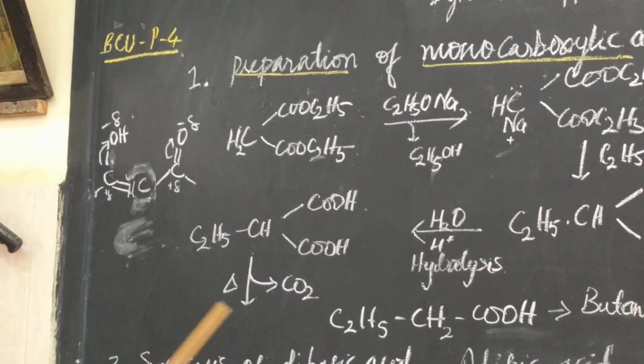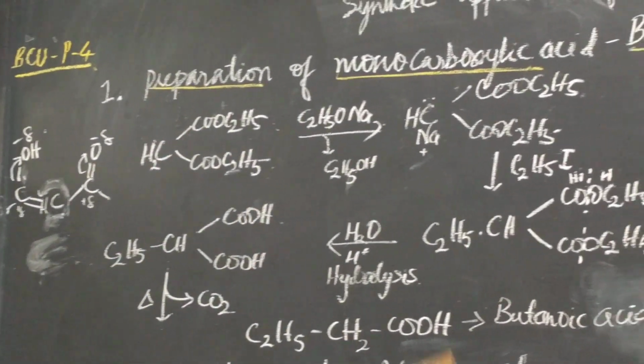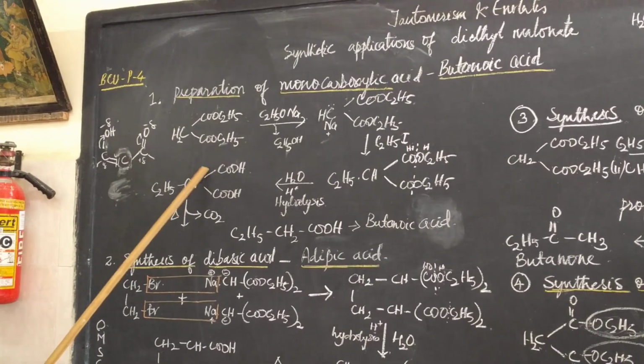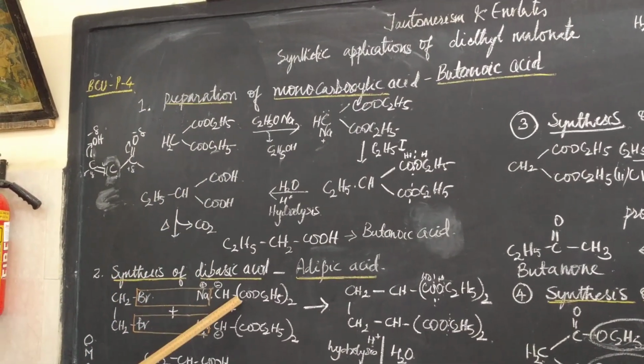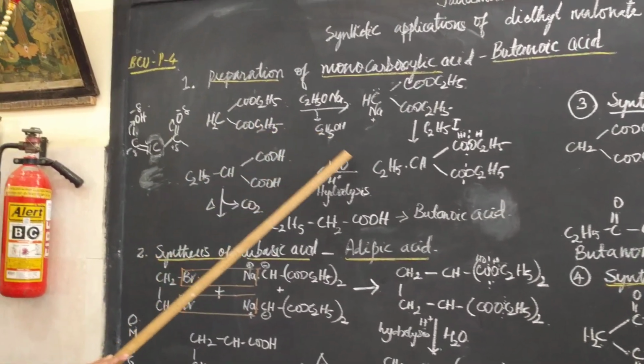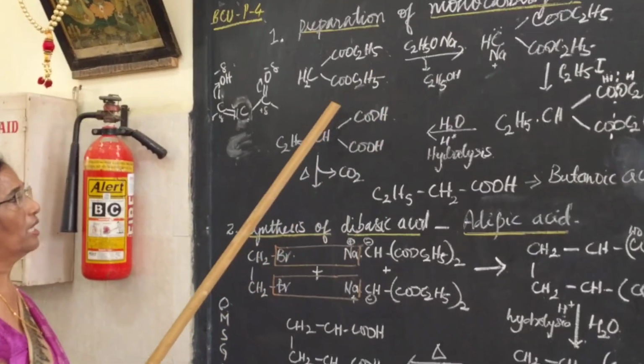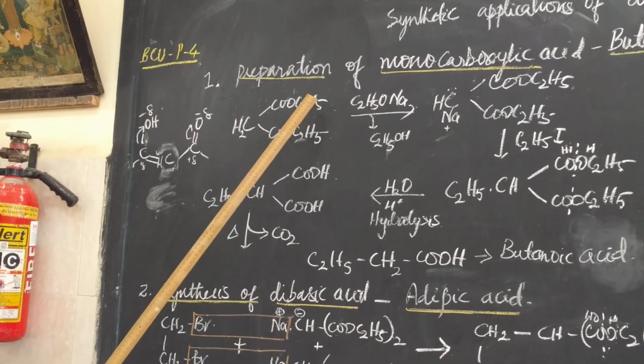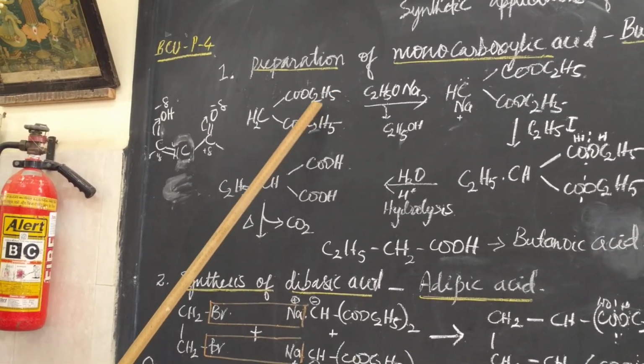Now you can see that in all these 4 synthetic applications of malonic ester, there is one thing that is common, that is we are always converting diethyl malonate. What is this diethyl? There are 2 ethyl groups.